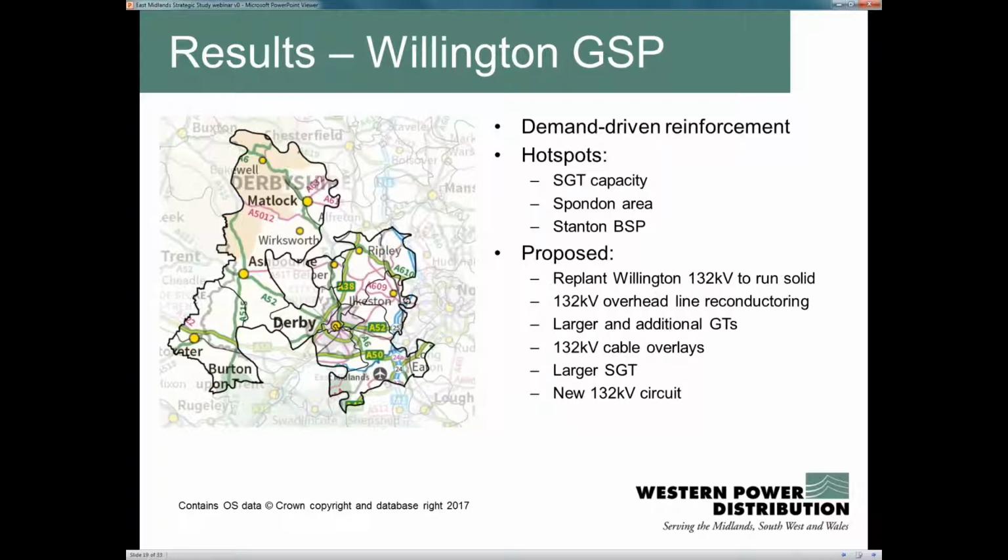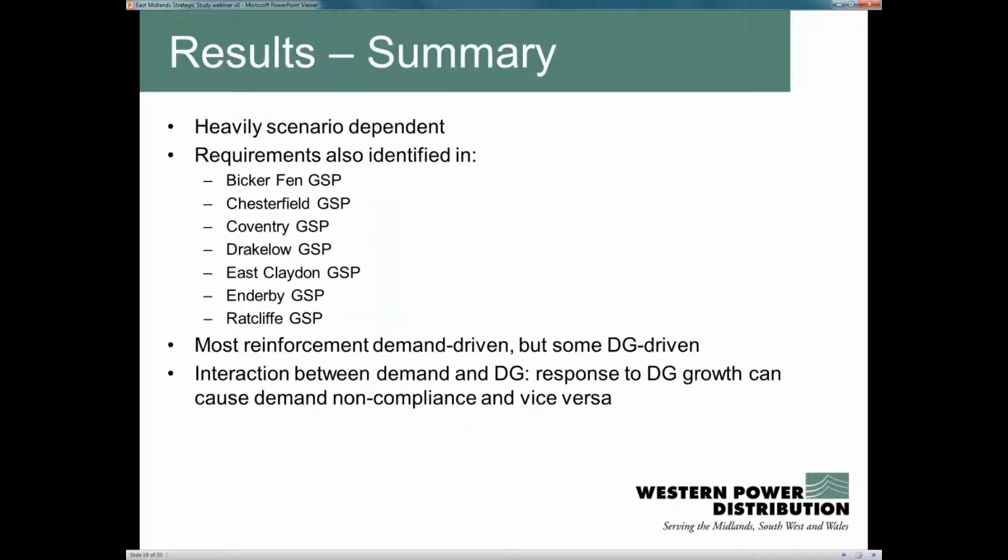And there are a number of proposals that we have identified in terms of replanting equipment to cope with future fault levels, looking at cable overlays and replacing some supergrid transformers and grid transformers with larger equipment, and also securing with some further 132 kV circuits. Full details of all of these identified schemes are contained within our report, which is available on our website.